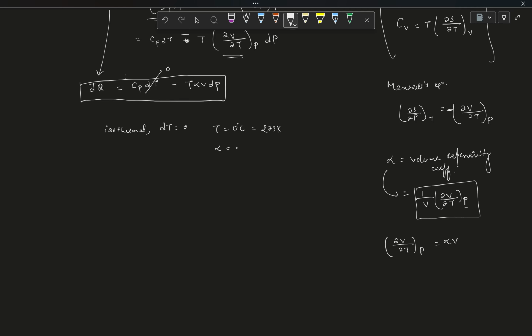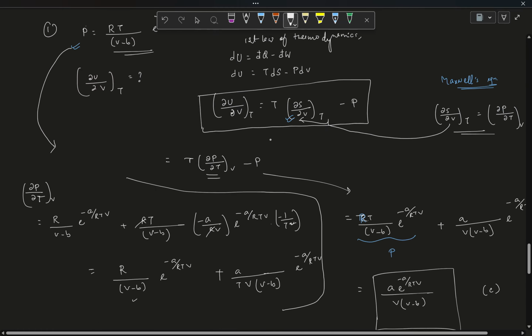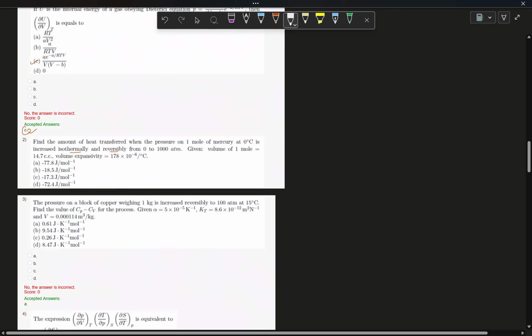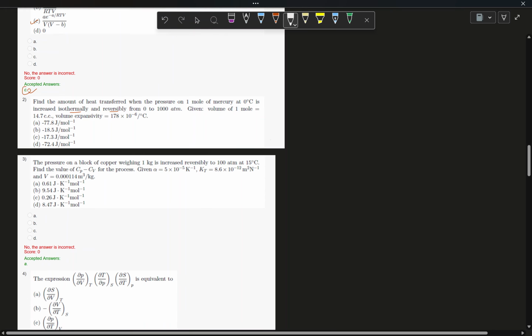Alpha is mentioned as 1.78 into 10 to the power minus 6. It was some SI unit, I think. Let us go back and check. So alpha is, okay, not 1.78, this is 178 into 10 to the power minus 6 per degree centigrade, and volume is 14.7 cc.